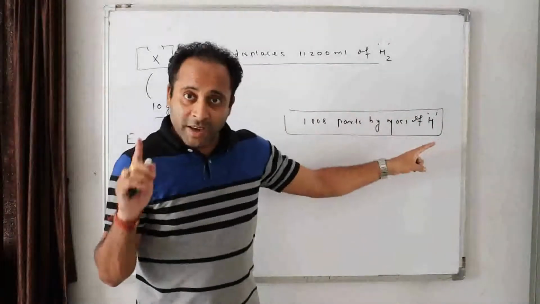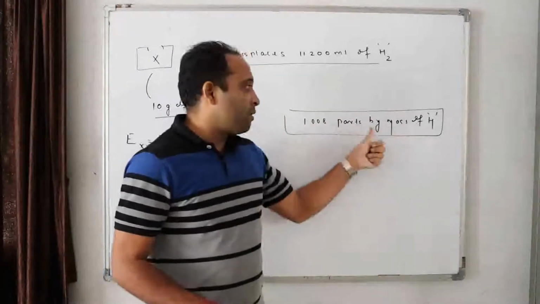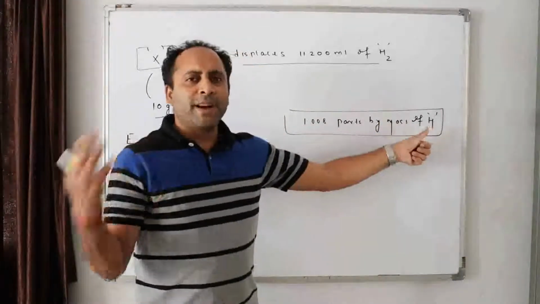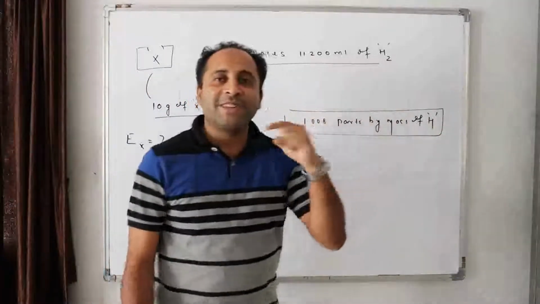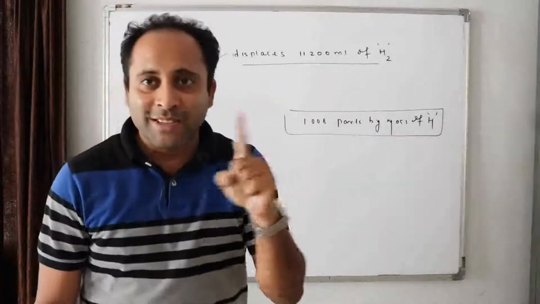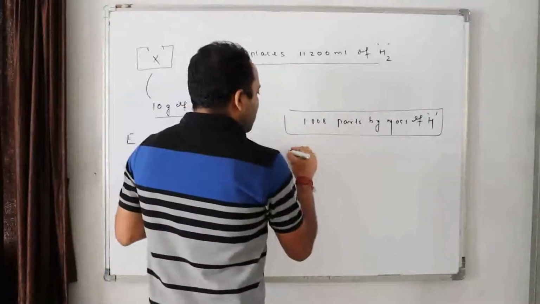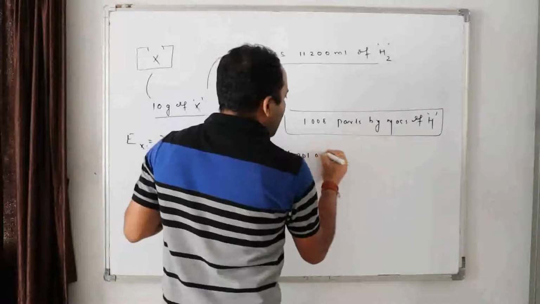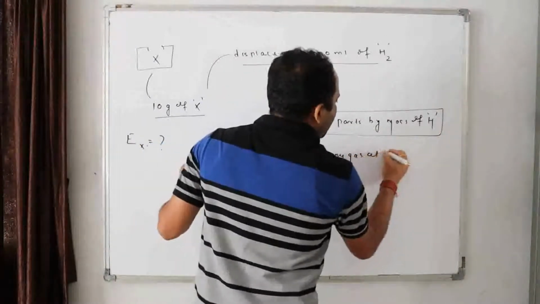If n parts by mass displaces 1.008 parts by mass of hydrogen, then what do we say? N is the equivalent mass. Do you remember?